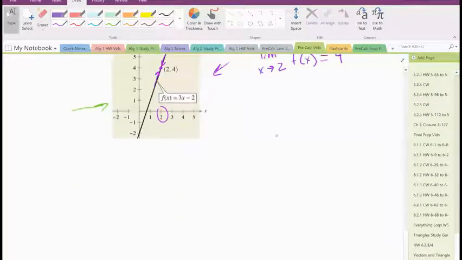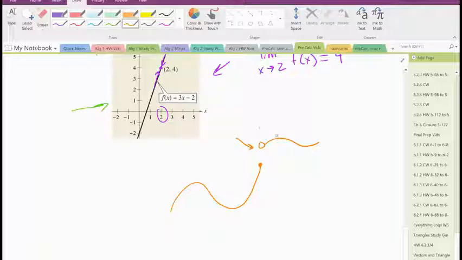I want to make sure you understand that on a graph, if we see a break like this at some x value, let's say this x value is 5, I should be able to say just by looking at it that the limit does not exist as x approaches 5.